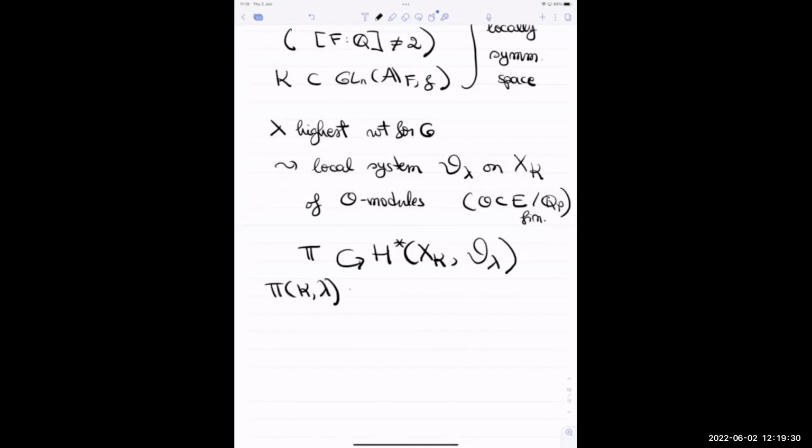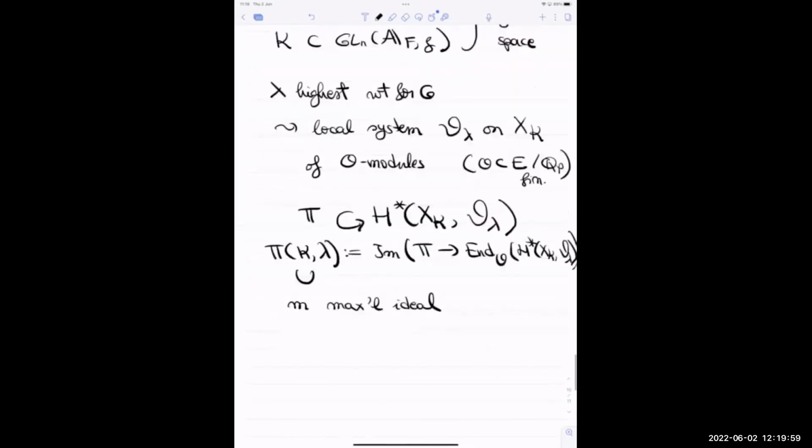So this is going to be the image of T in the endomorphisms of these cohomology groups. Maybe I want to take the direct sum over all the degrees. And then you want to look at a maximal ideal of this faithful quotient, which means this will be a maximal ideal in the support of one of these cohomology groups. And so this will be essentially a system of Hecke eigenvalues that contributes.